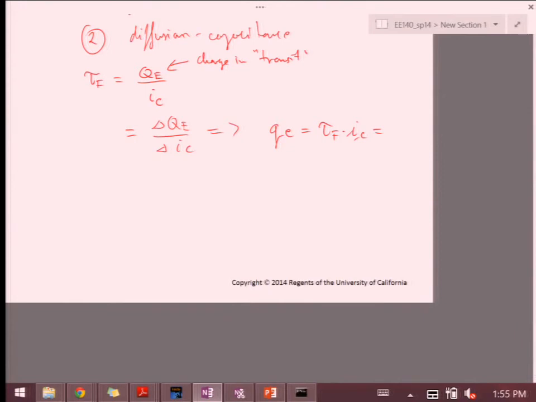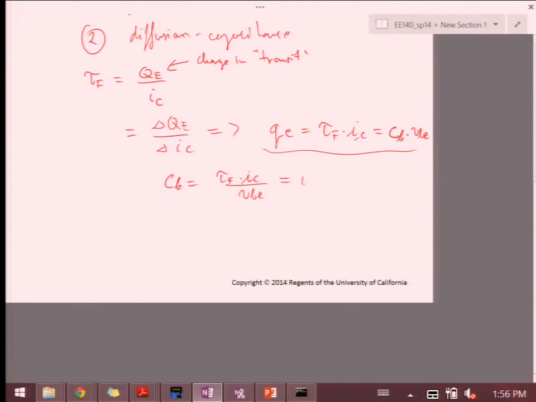Right. Some voltage and some capacitance. And that's that junction capacitance that I care about. So I'm going to say this is my junction, CB, but just the diffusion component, times VBE, which is the voltage across the junction. And then from here, I can derive what that CB really is. So CB is really tau f times IC over VBE.